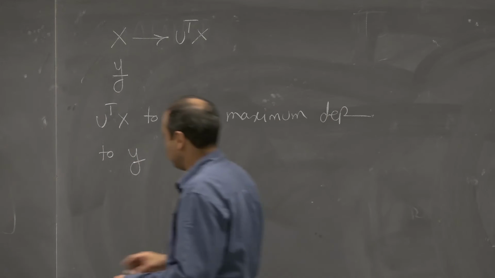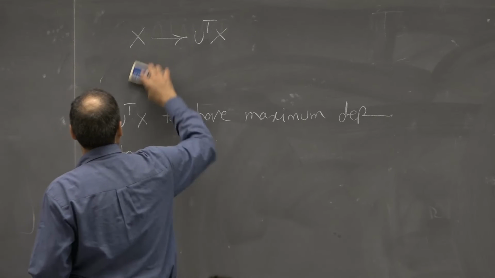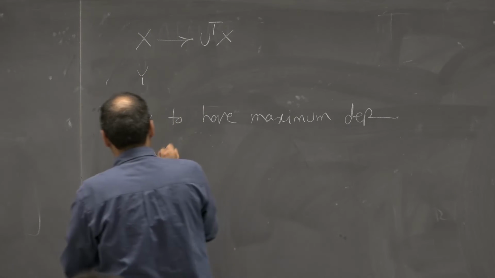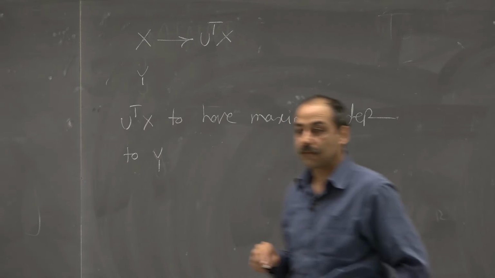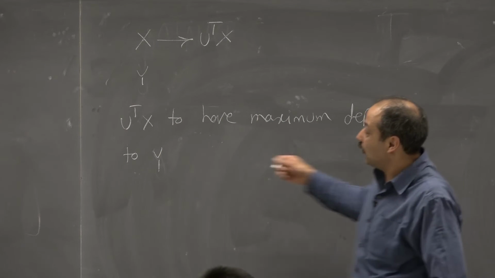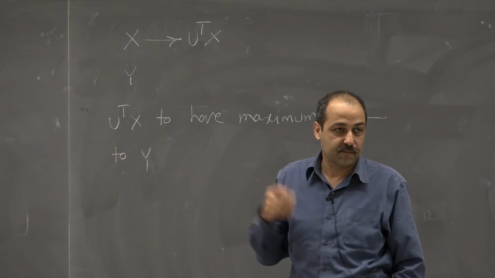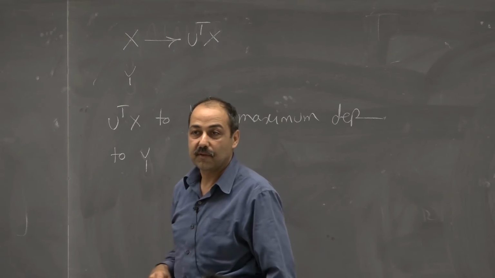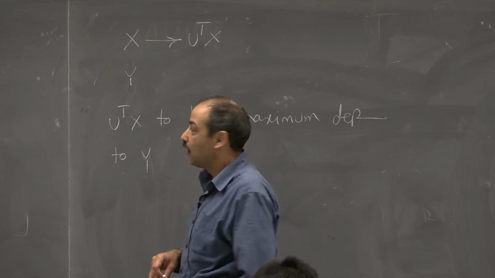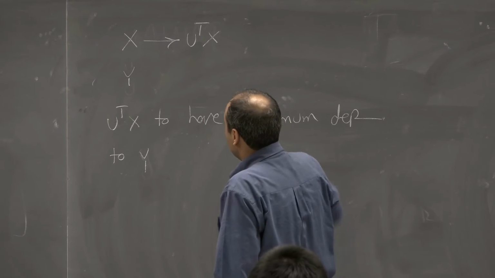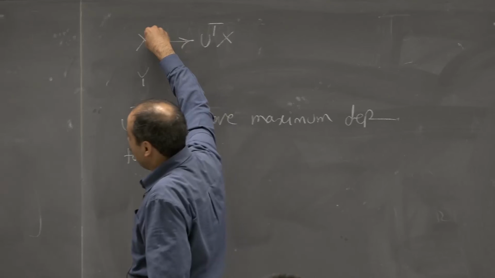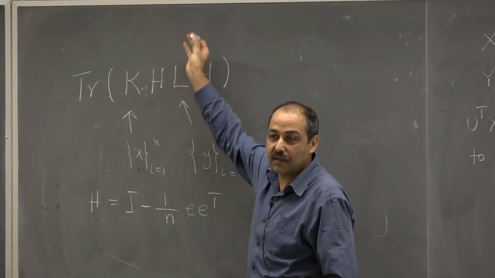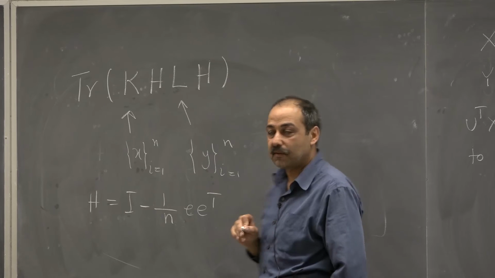Or I can keep it general, and Y could also be a matrix. And assume that we have n data points here. These are n labels, these are n observations. So if I compute a kernel over X, I compute a kernel over Y, and put it here, then I have the dependency between these two, right?